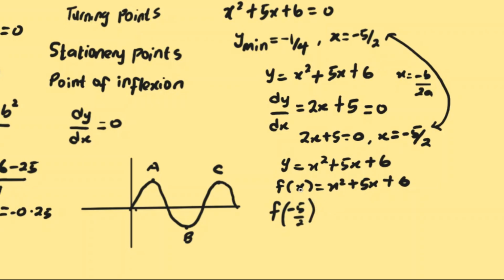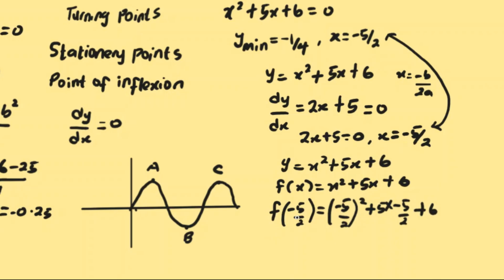So basically here, if f of x is equal to this and you're looking for f of minus 5 over 2, anywhere we see x, we are going to substitute minus 5 over 2. So this will give us minus 5 over 2 raised to the power of 2 plus 5 times minus 5 over 2 plus 6.